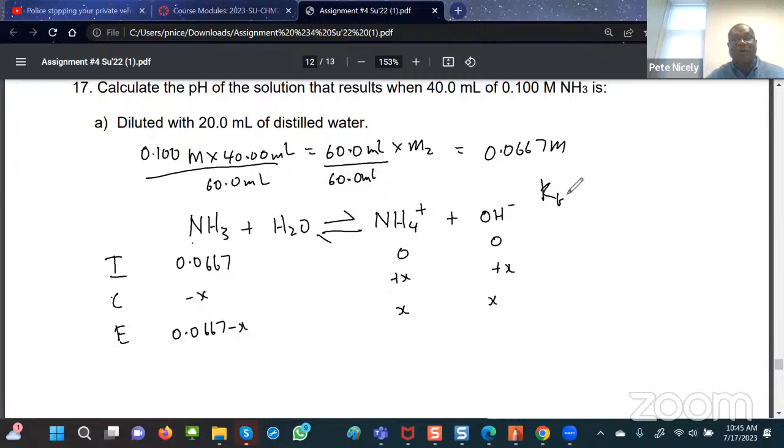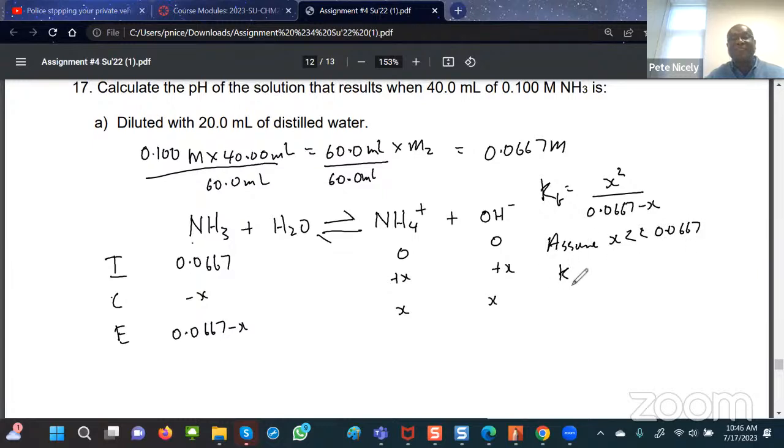And then we're going to write down the KB expression, because now we're talking about using a base. So KB would be equal to x squared over 0.0667 minus x. And just like before, we assume that x is much less than 0.0667.